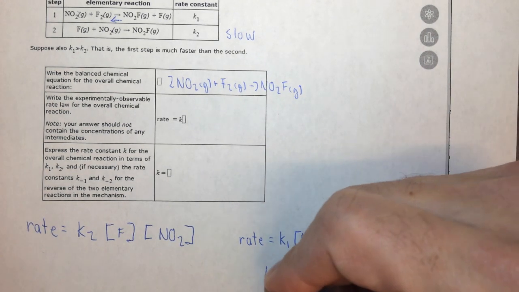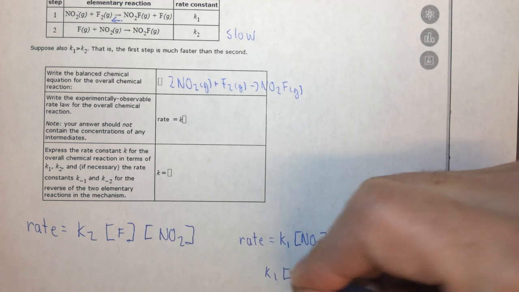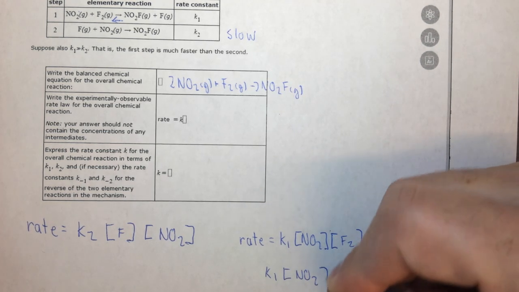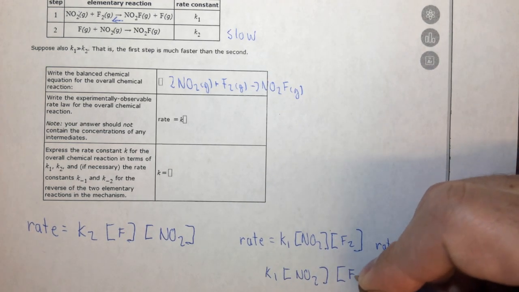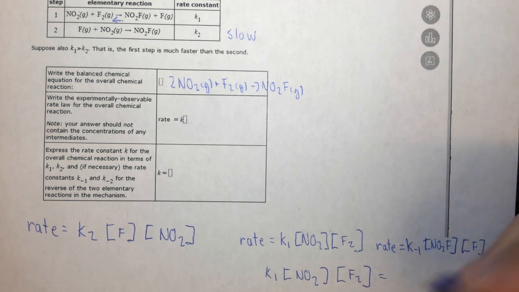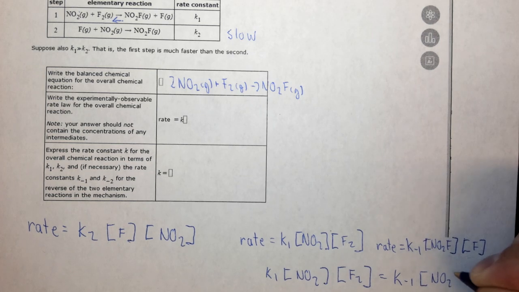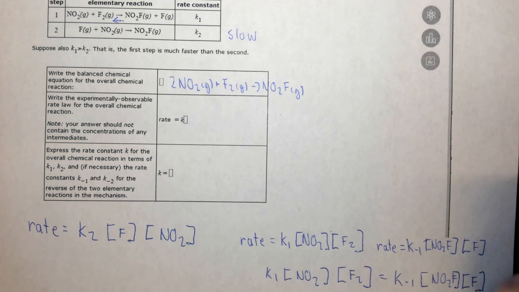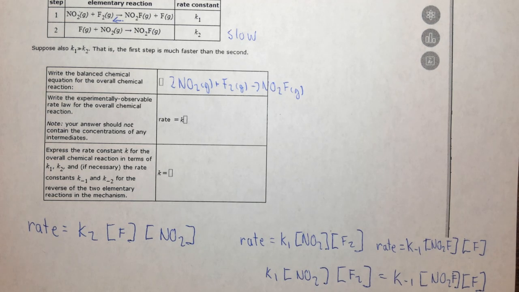At equilibrium, k1 times concentration NO2 times concentration F2 equals k minus 1 times concentration NO2F times concentration F. We can now, at equilibrium, solve for this concentration.